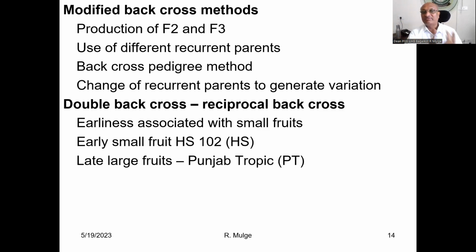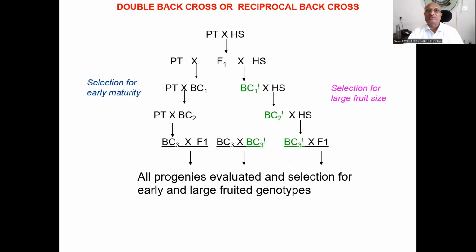If you want to have the big fruit size in the early types, and also, the early small fruit HS102 is a variety, and the late but large fruit size Punjab Tropic. Now you want the advantage of both these. Earliness also you want from the HS102, and the big fruit size you want from the Punjab Tropic. Okay, so how this is done, you just look at it.